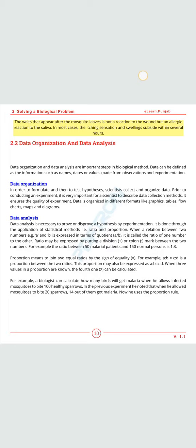It means that one third of the people have the disease. The numbers are expressed in this form to analyze the data collected from the experiment and observation.